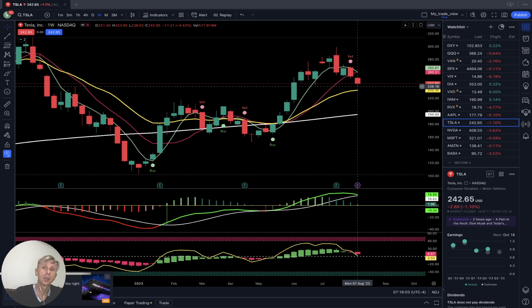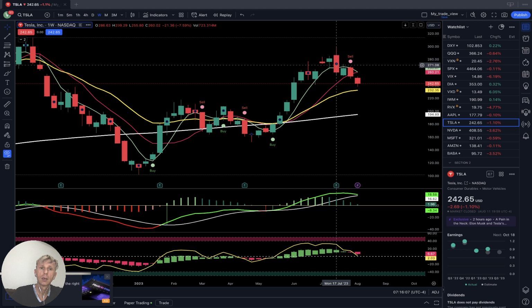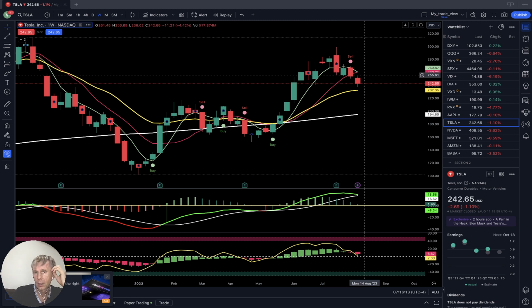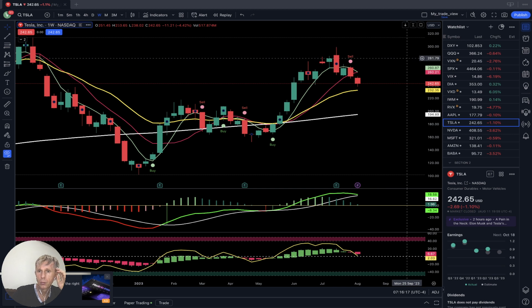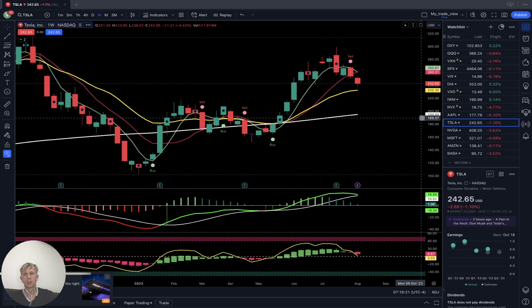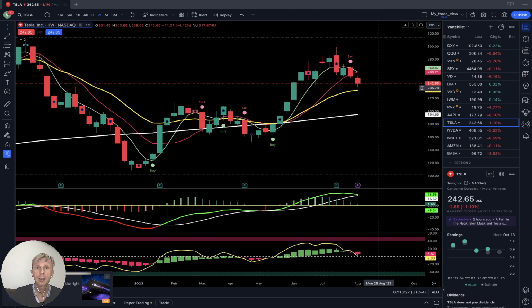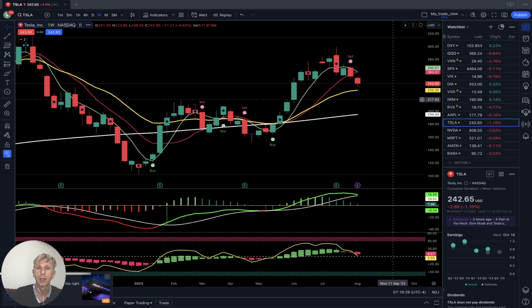That's a 20% sell-off on Tesla. Really? Yeah, from 300 it moved to 240. $60 from 300, it's a 20% correction. Tesla in 20% correction mode.